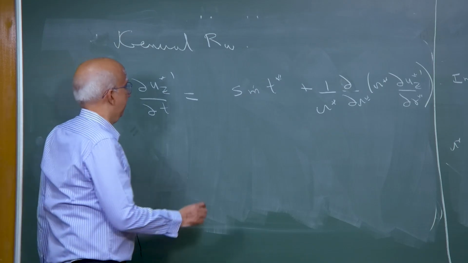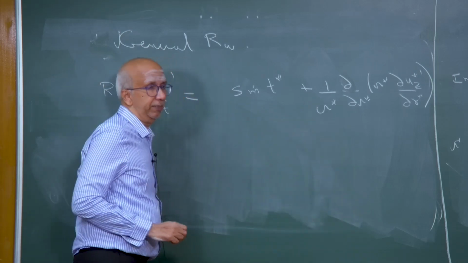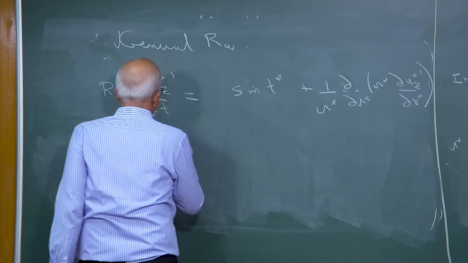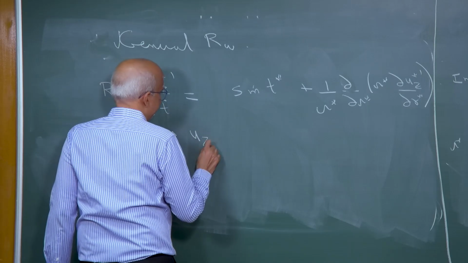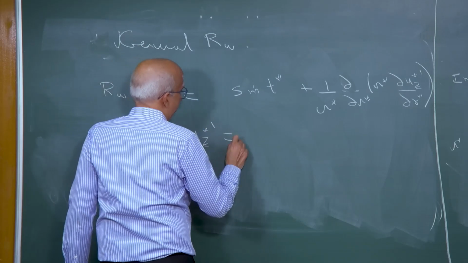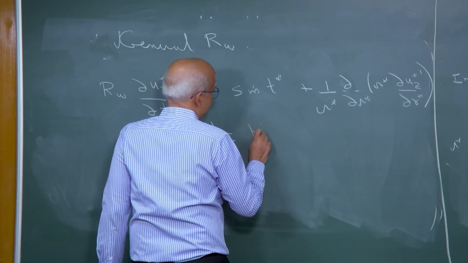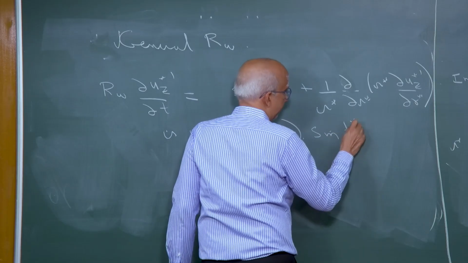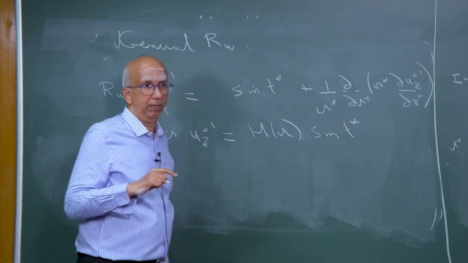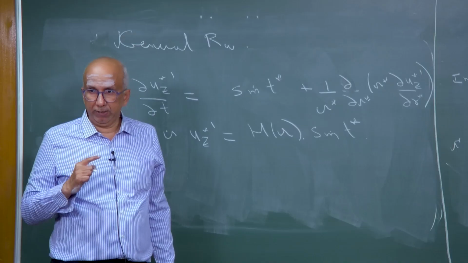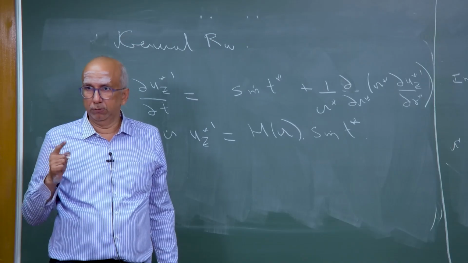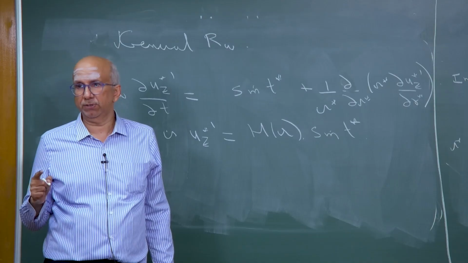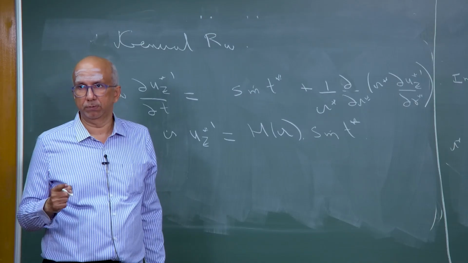Now supposing I want to solve this equation, can I use the same approach as before? That is, can I use u z star 1 of the form, let us say some h of r multiplied by sin t star, because this is what I did. I am assuming for general R omega my velocity is in sync with my pressure drop. Okay.